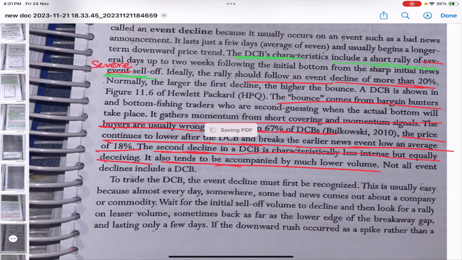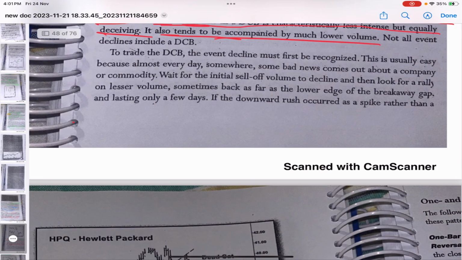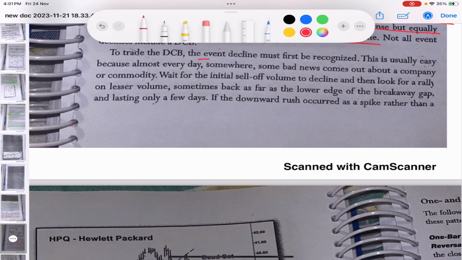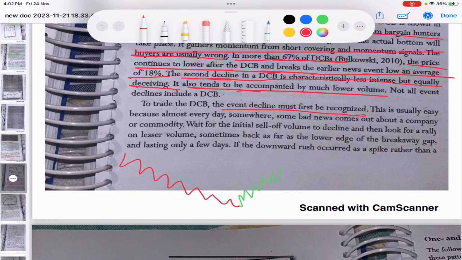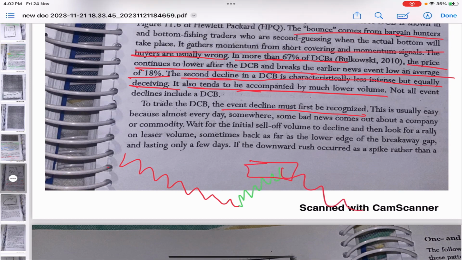Now, how do you practically trade a DCB or dead cat bounce? So, first of all, the event decline must be recognized. Almost every day somewhere some bad news comes in some market. So you are going to wait for a proper event fall-off, and then you have to recognize that a rally has been going on, usually with lower volume, and then it's going to fail, and you can look for signs somewhere over here to enter the DCB.